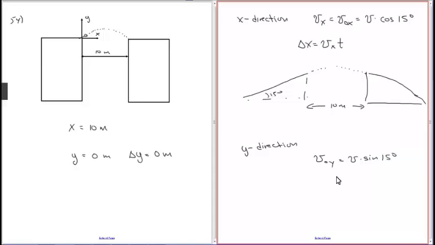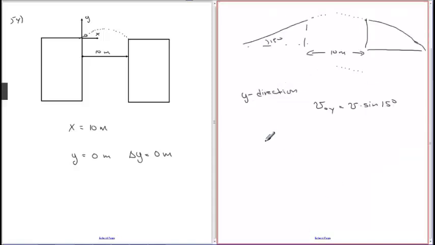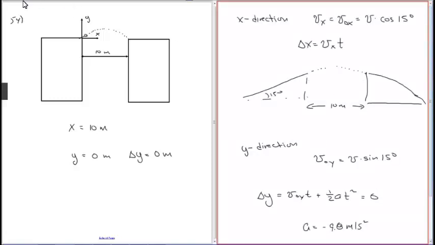And we also know that delta y is equal to v0y t plus 1/2 a t squared. And our acceleration is negative 9.8 meters per second squared. We also know that delta y is equal to 0. So let's think about this. How many unknowns do we have and how many equations? We have two equations, this one and that one.